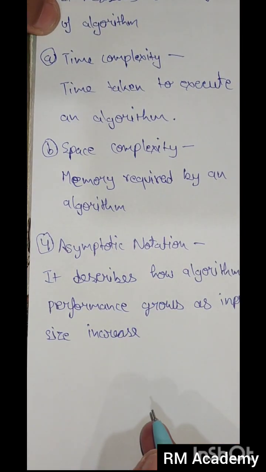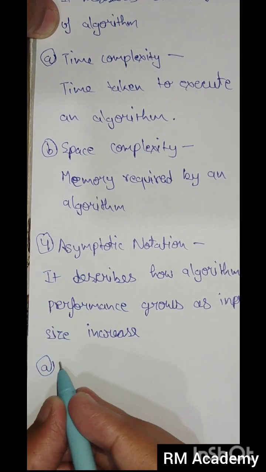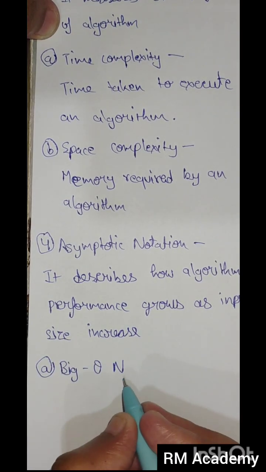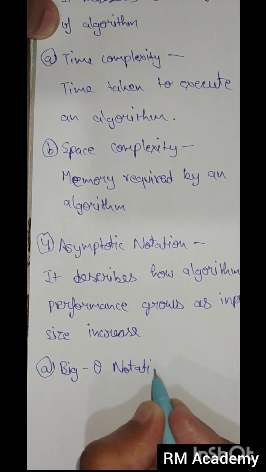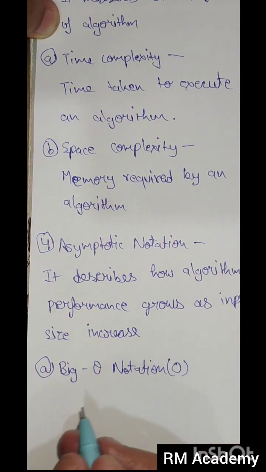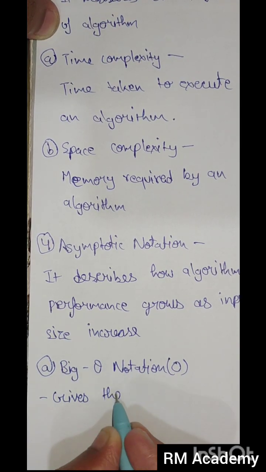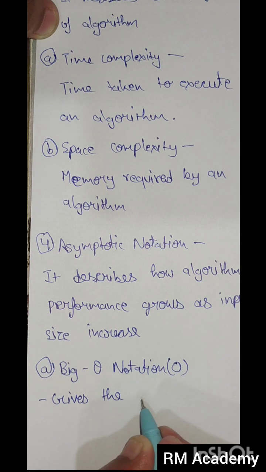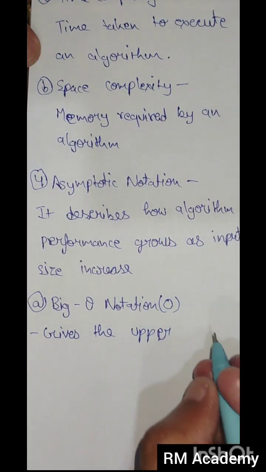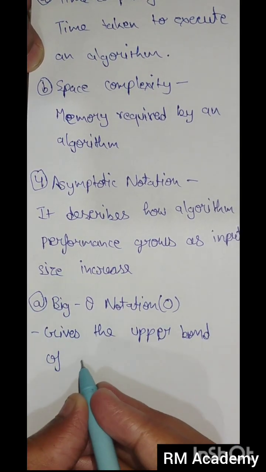There are four types of asymptotic notations. First is big O notation. We can denote it as O. It gives the upper bound of time complexity.